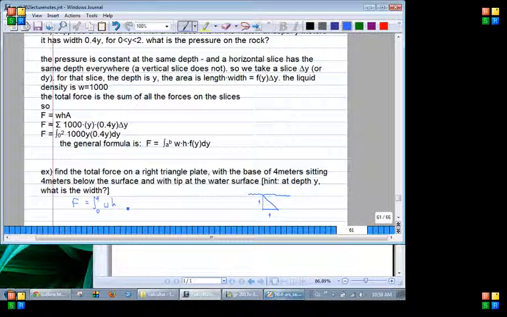Really, this is like width, but I already used W. Darn it. All right. So I'll just say L. I'll say length across of y dy.